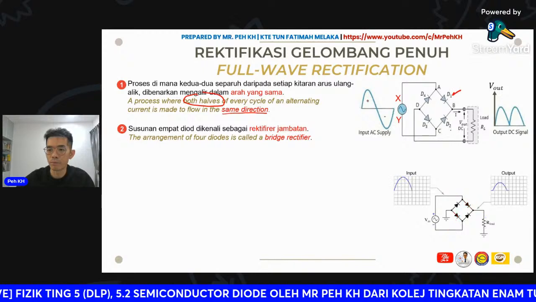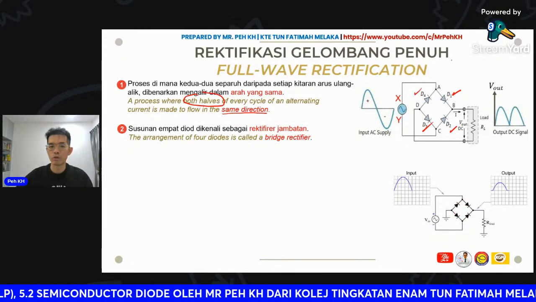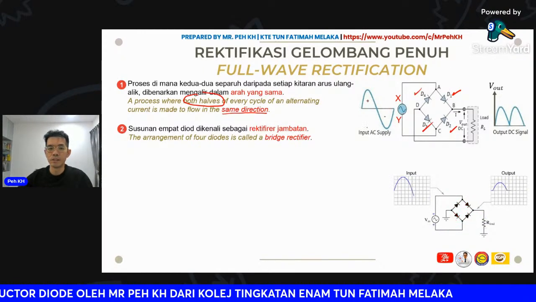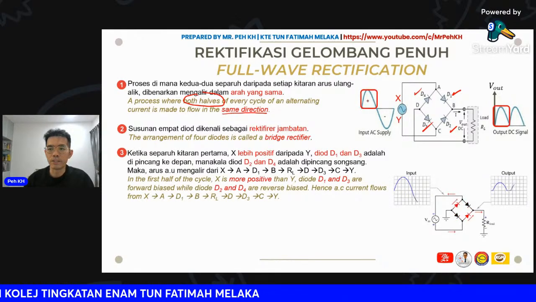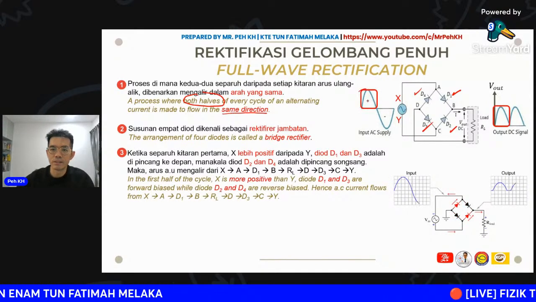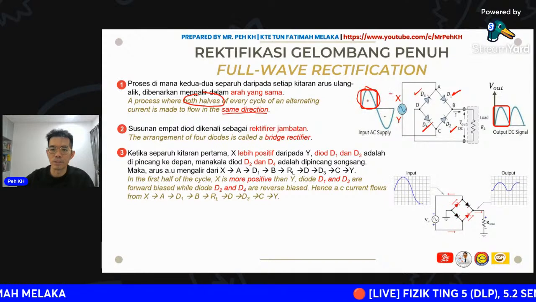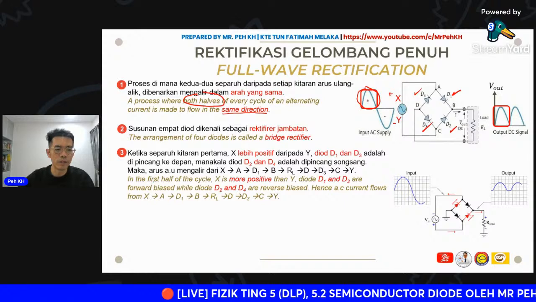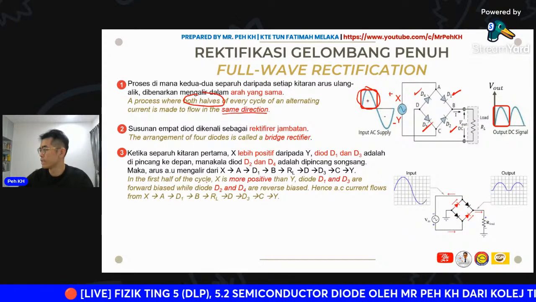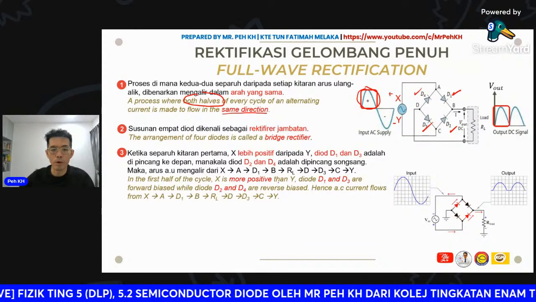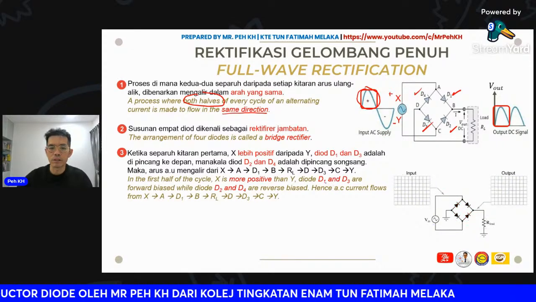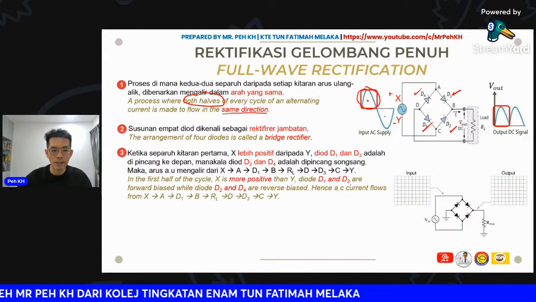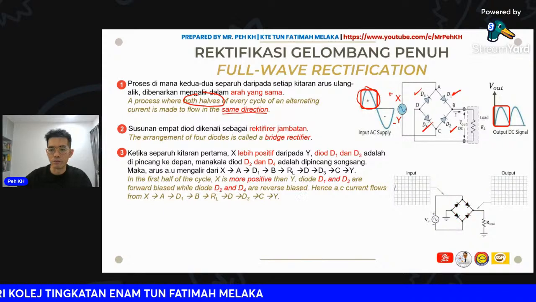For the first half cycle, X is positive and Y is negative. You can see in the first half of the cycle, X is more positive than Y. So diodes D1 and D3 will be forward biased, and D2 and D4 will be reverse biased.